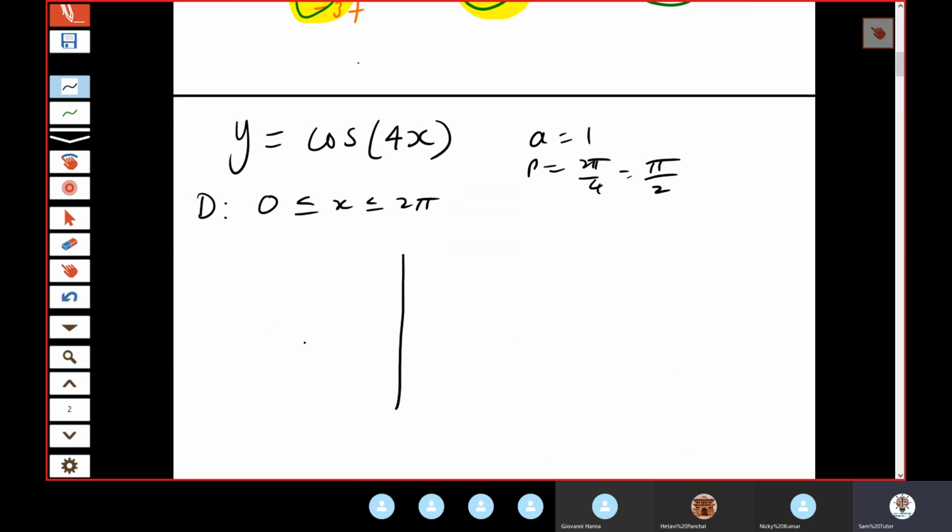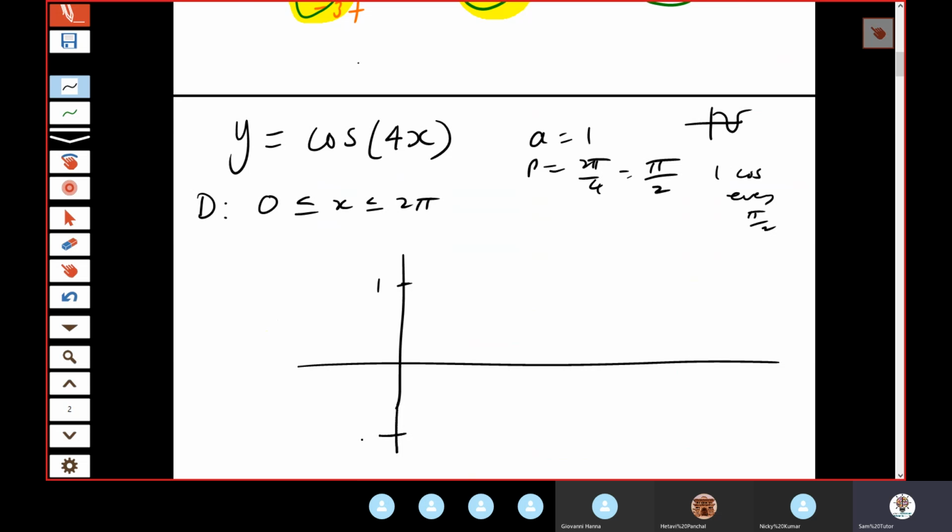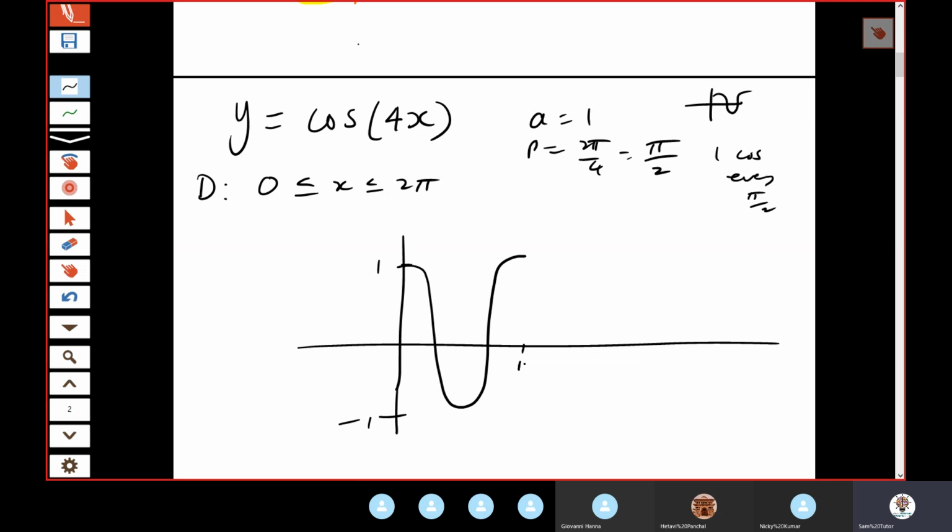I know that I see one cos every pi on 2. I've memorized my cos. I know that shape is that. So here we go. And I know my period. I know my amplitude. That's pi on 2.